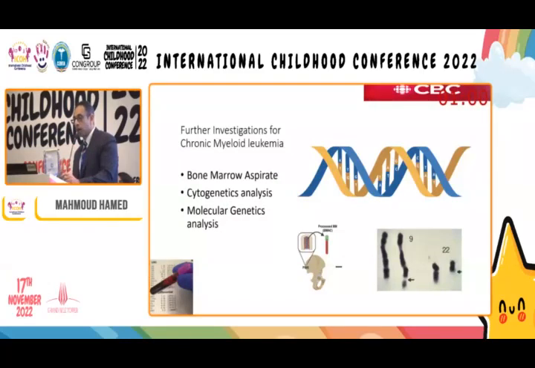So I will proceed for bone marrow aspiration, for cytogenetic analysis. For chronic myeloid leukemias, the cytogenetic analysis is crucial. I cannot start a treatment for such a patient without knowing the type of translocation that the patient has. So it needs a specialized hospital to detect a translocation in chromosome 9;22. I can get a result within like 72 hours in a specialized hospital.